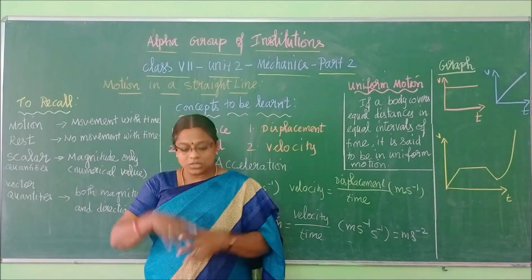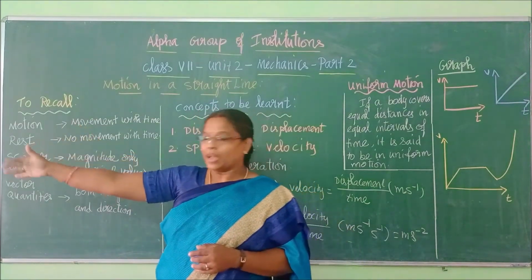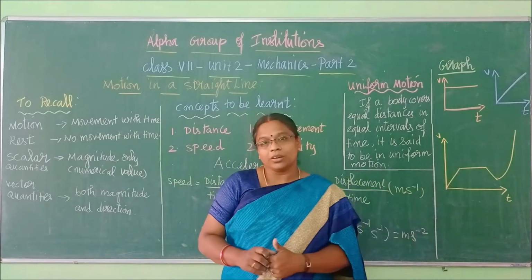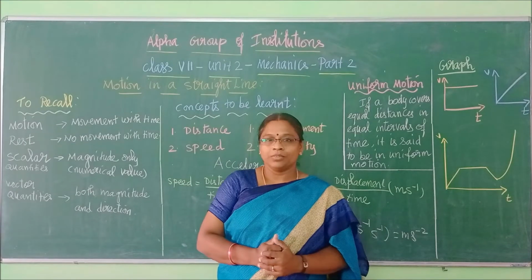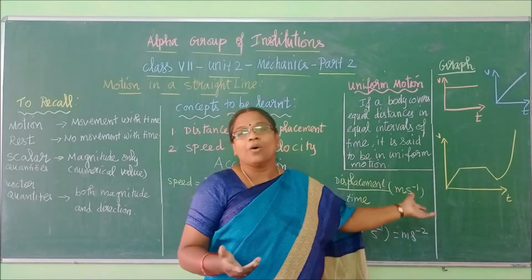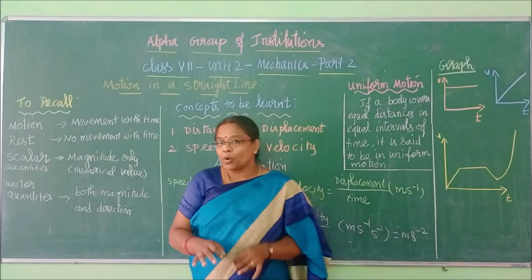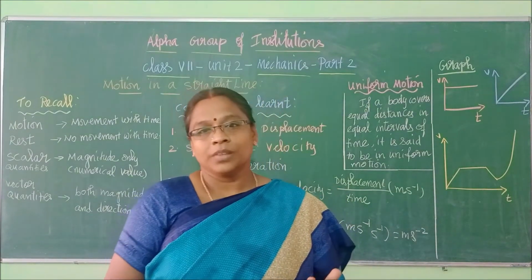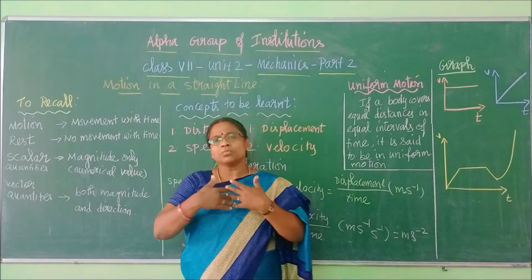I can come straight like this, or go to my right and come back here, or go to my left and come here, or take a round in the class and come back here, or even go down or to another place and come back here. But what is the starting point? I start here. Where is my ending point? Here.